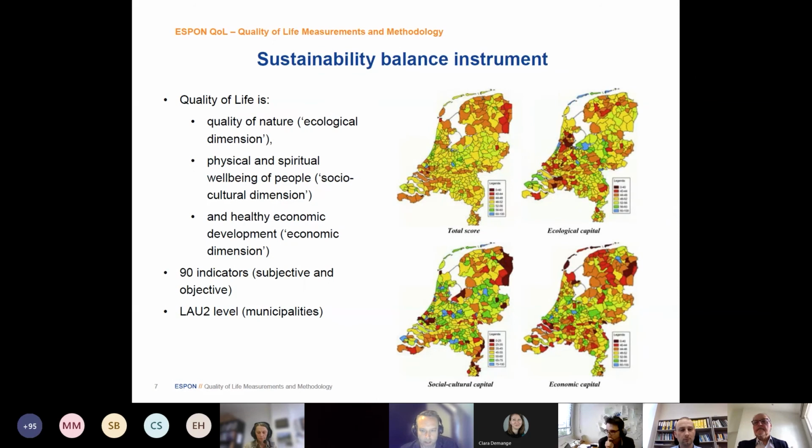So the third effort to measure quality of life is based on this index. They call it the Sustainability Balance Instrument. So it's based on 3 pillars related to ecological, social, cultural, and economic dimensions. Also quite a lot of indicators, 90 in total. And again, it's a mix of subjective and objective indicators. And it's a bit higher level of aggregation, so it's at the LAU2 level.